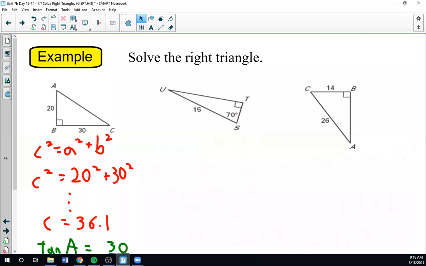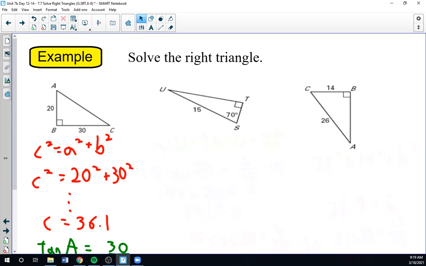So we're starting this one on your own. I'm giving you another about 30 seconds before I start it. Hopefully we've written down the information.